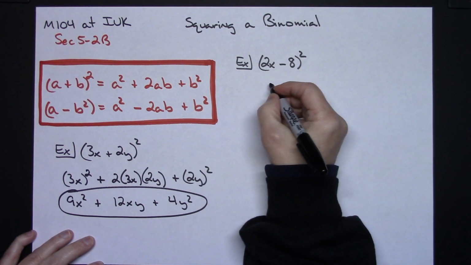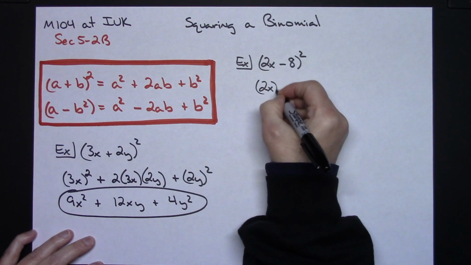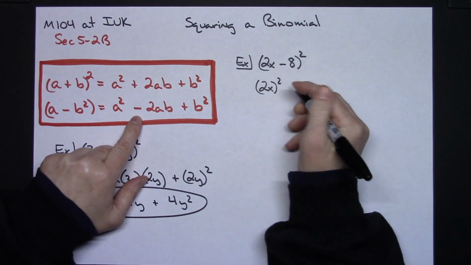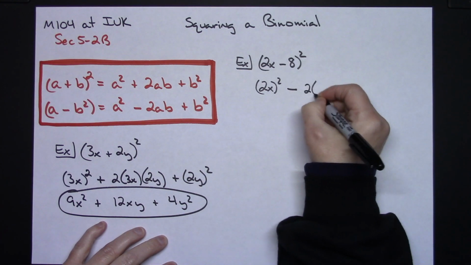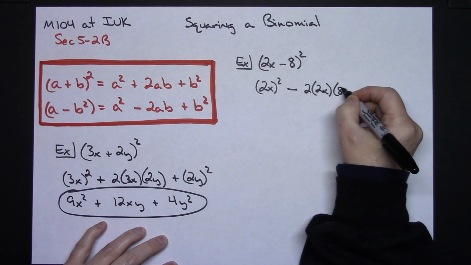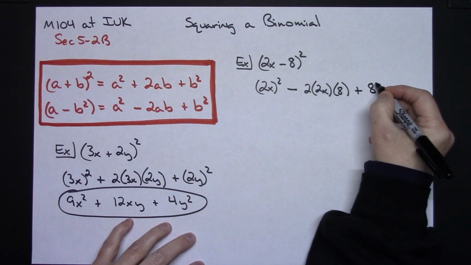Alright, now let's go ahead and do it with this one as well. I'm going to square the first term, okay, so 2x, and I'm going to square it. Since it is a minus, my formula says that I will have a minus here instead of plus. Alright, I'm still going to take 2 times whatever the first term is, which is the 2x, times the 8. Alright, and then plus the second term squared.